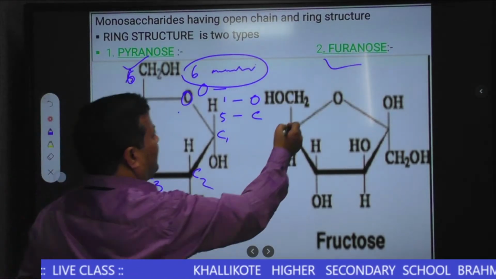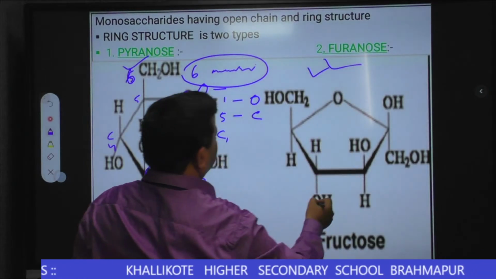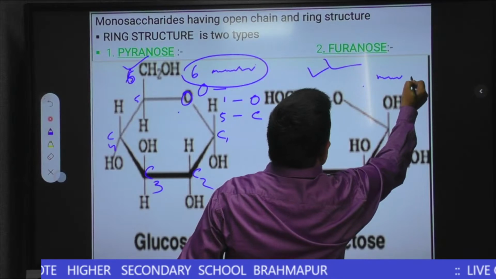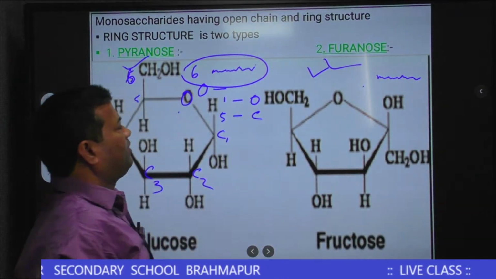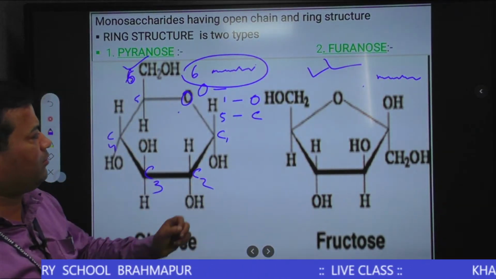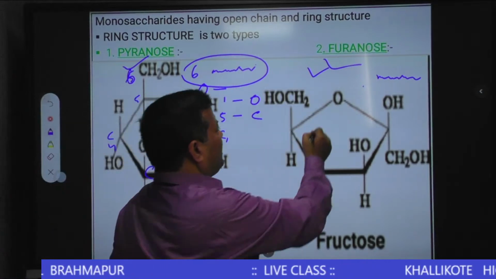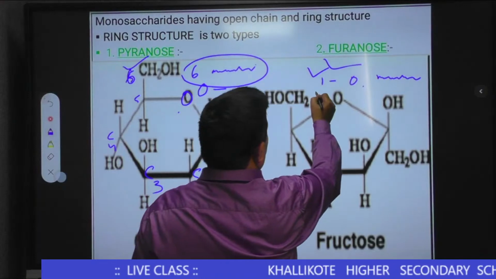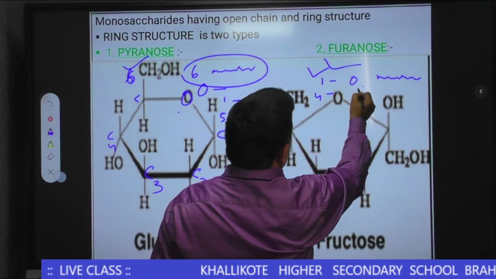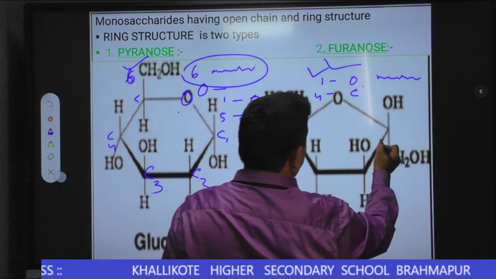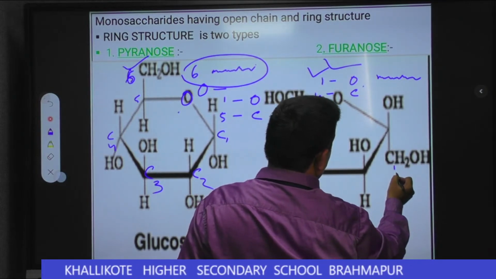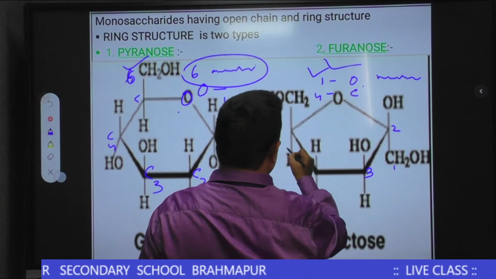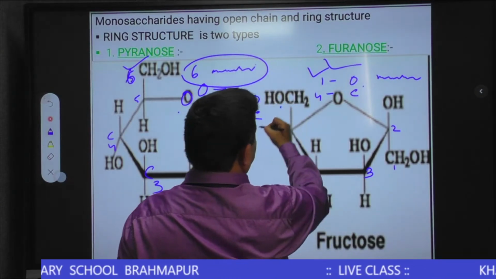Similarly, the furanose form of glucose is the 5-membered ring structure of glucose, but here the 1 position goes to the oxygen atom and the 4 position goes to the carbon atom. This is the first position, second position, third position, fourth position, and fifth and sixth position.